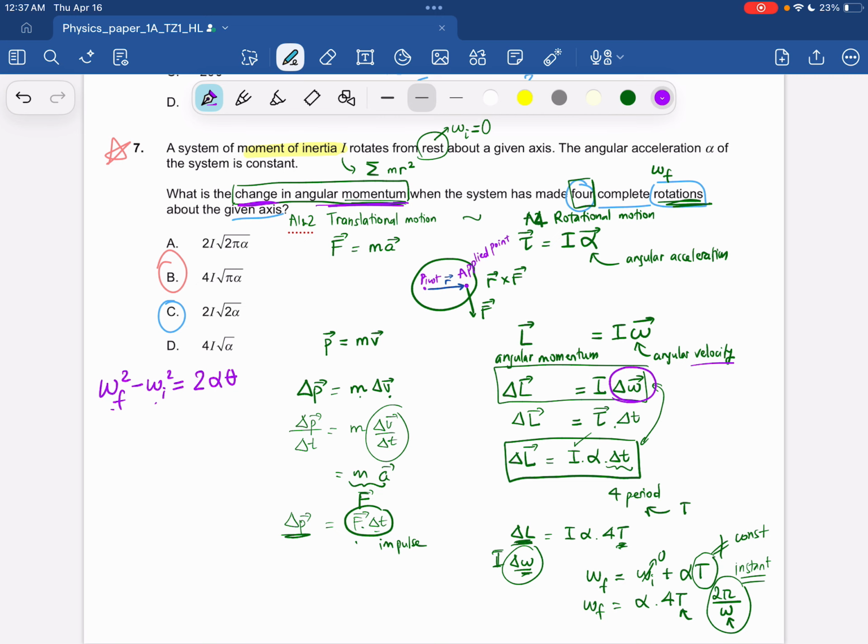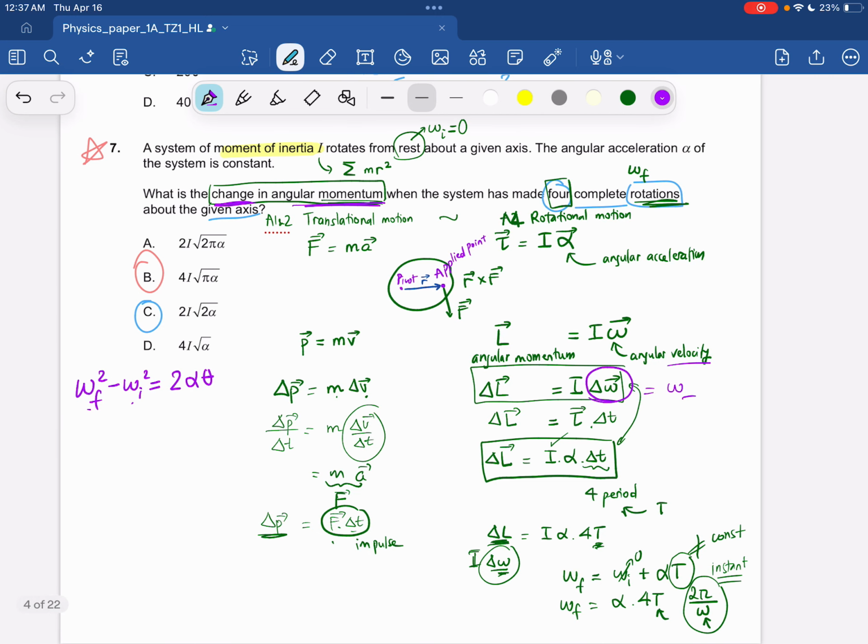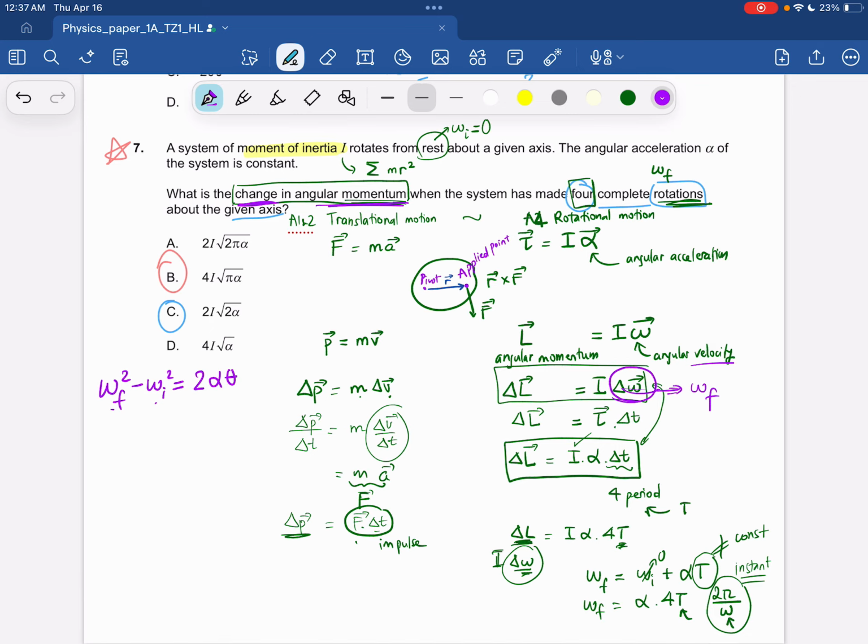And that we can find, because this one equals this one minus this one. If we know this one is 0 already, and we can find the final one, we can figure it out. So this one is the final squared, this one is just 0, then 2 alpha stays constant.